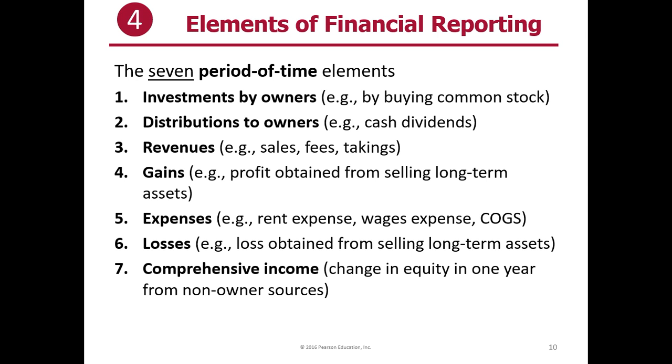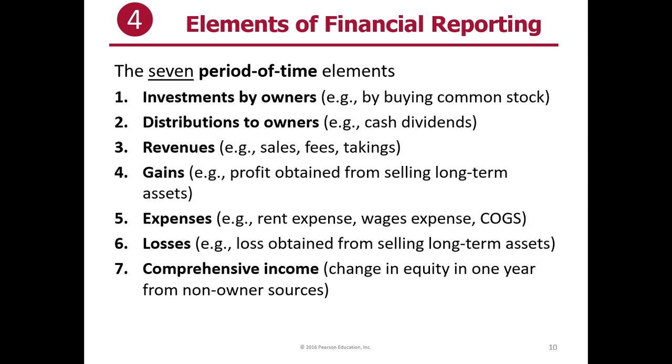So what we have to understand is that in the income statement, the other name of period of time elements, there are seven items which will be there. You have to memorize them with examples. So don't forget the examples which are written there. These are given in your book. So just memorize the examples and the items.